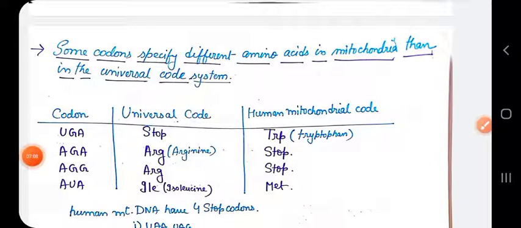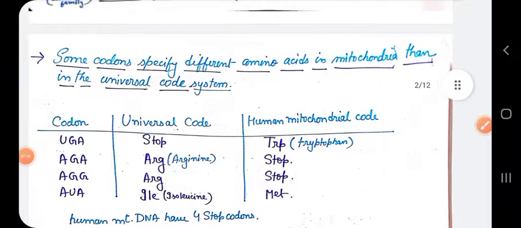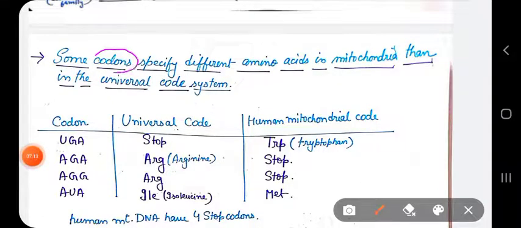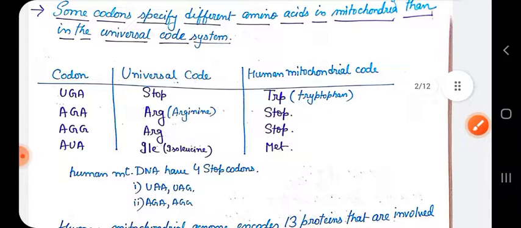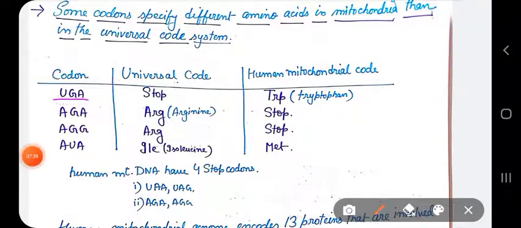Now, about the codons. As you know, codons are the three-nucleotide-long decoding elements that specify particular amino acids. These are also found in mitochondria, but they do not follow the same universal codon system that we normally know. For example, UGA.